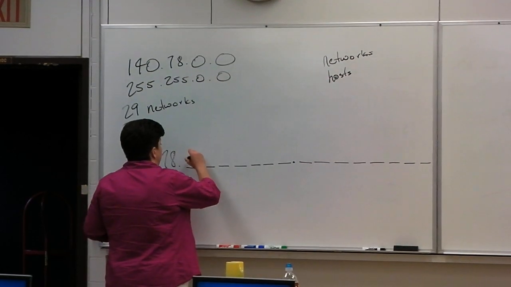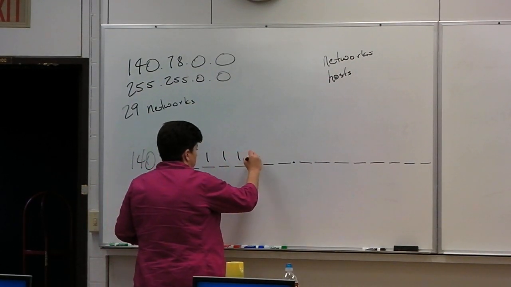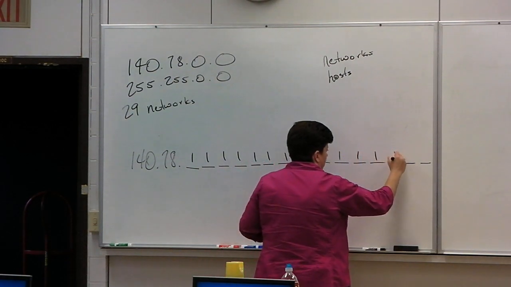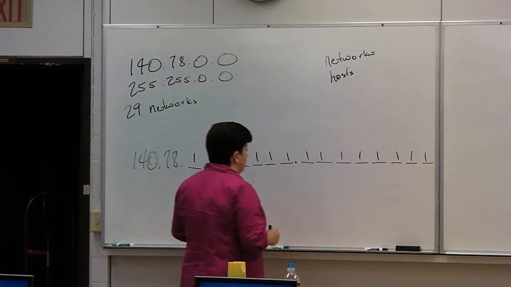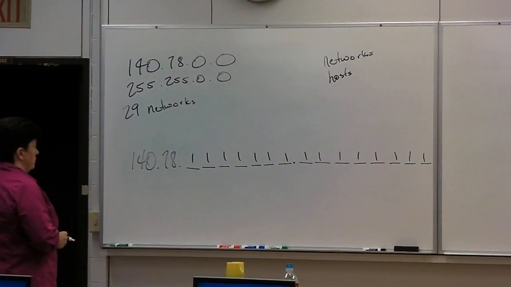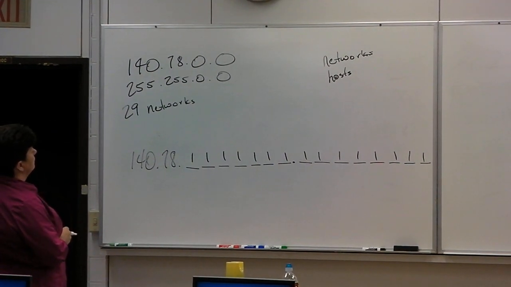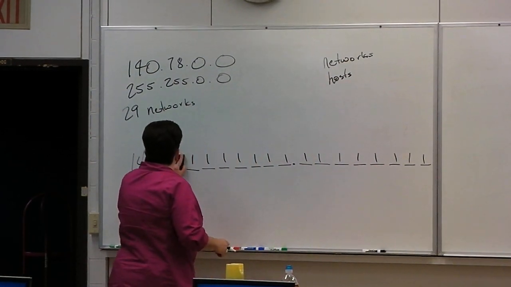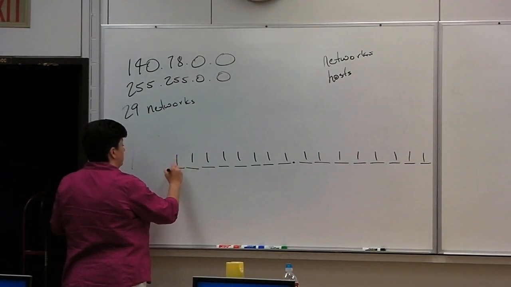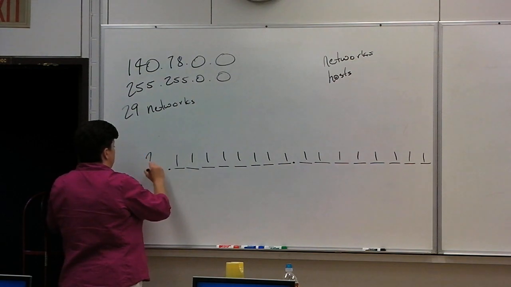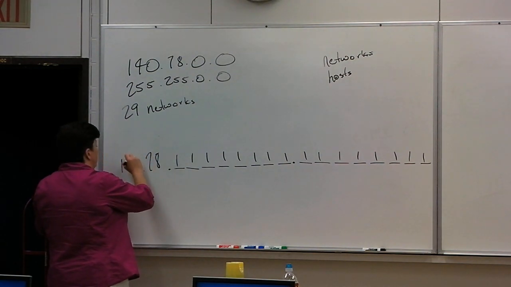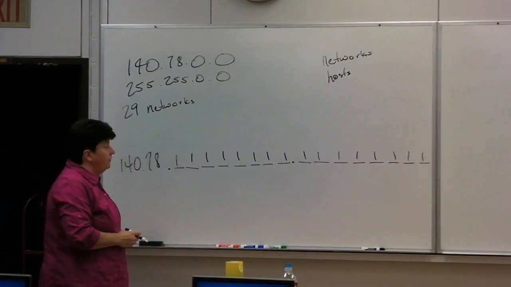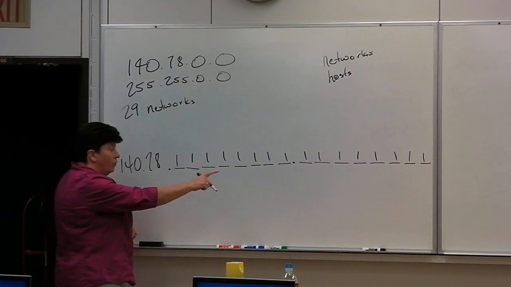To write that in binary, it's 255.255, all ones, right?